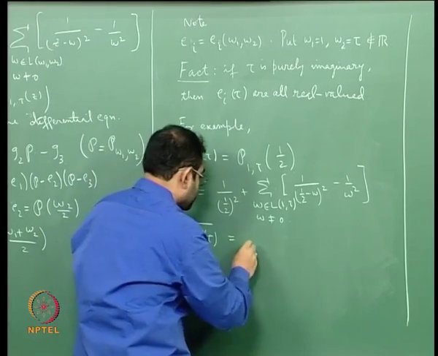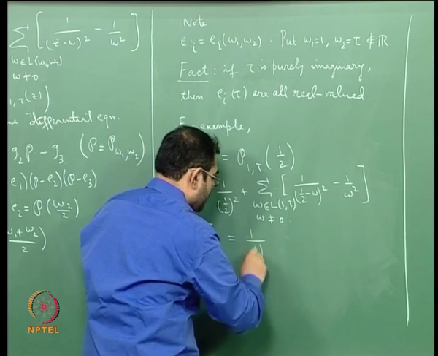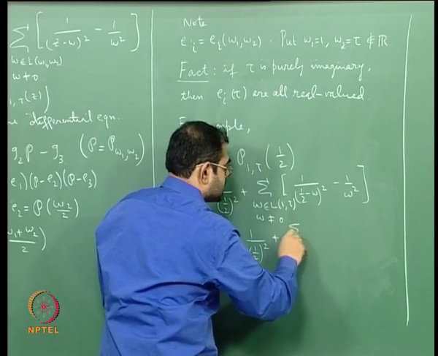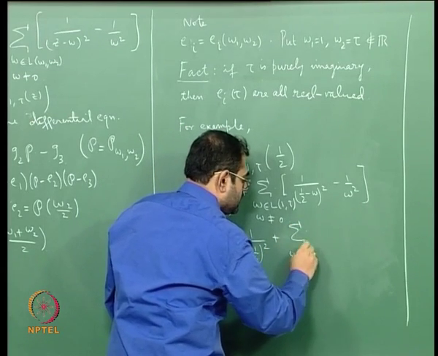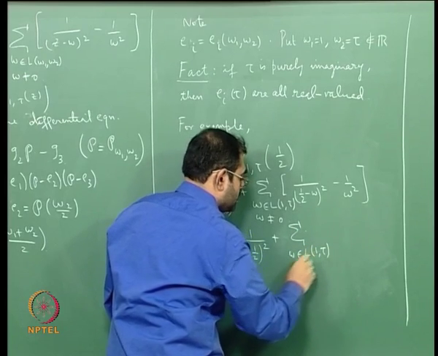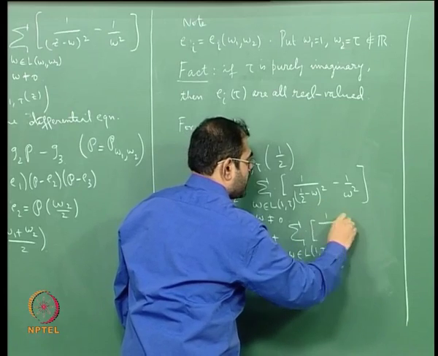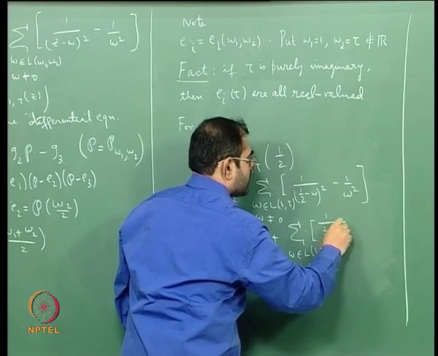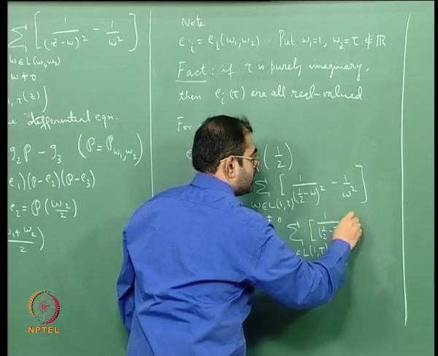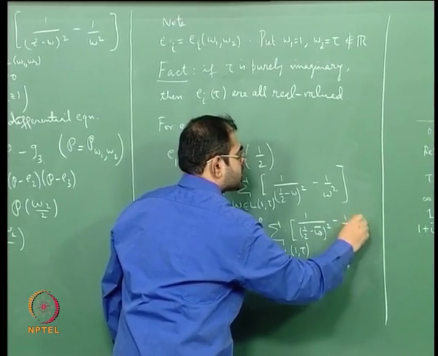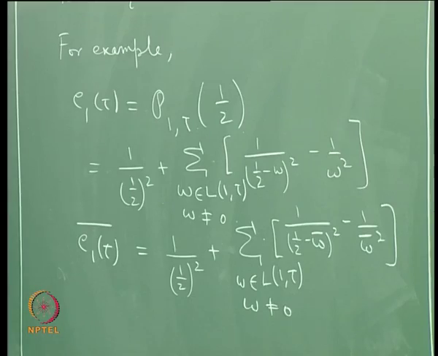So what I will simply get is 1 by 2 the whole squared plus summation over omega in L of 1 comma tau, omega not equal to 0, 1 by half minus omega bar the whole squared minus 1 by omega bar squared. This is what I will get.